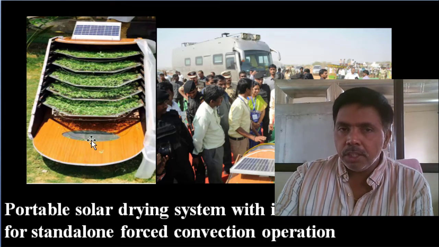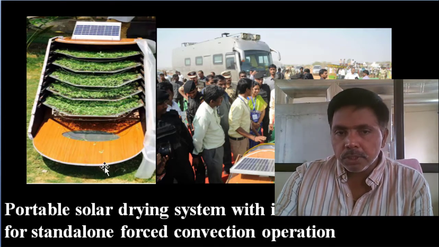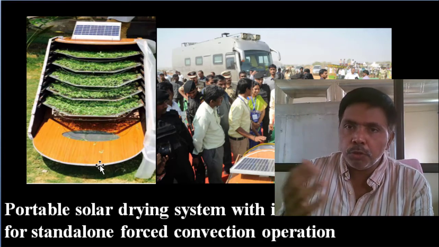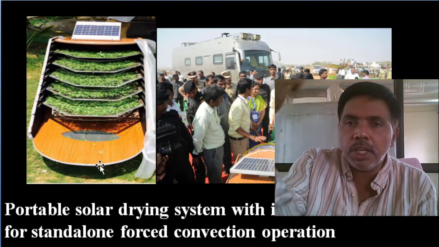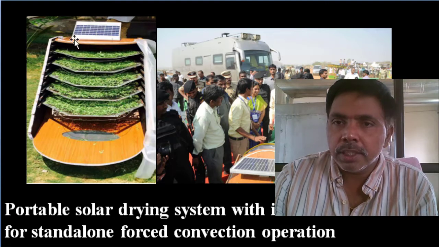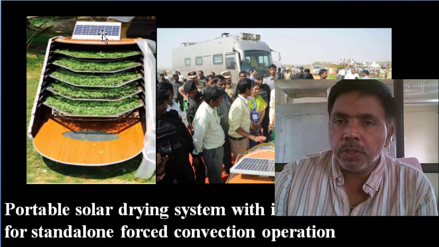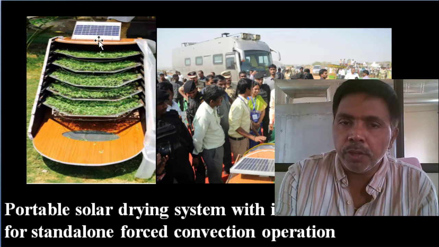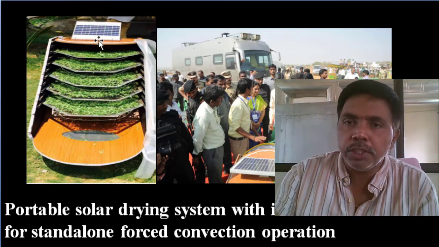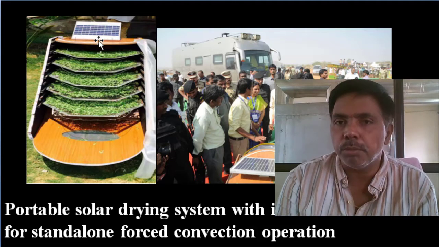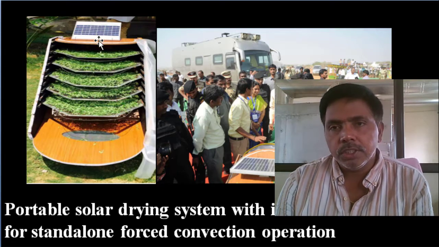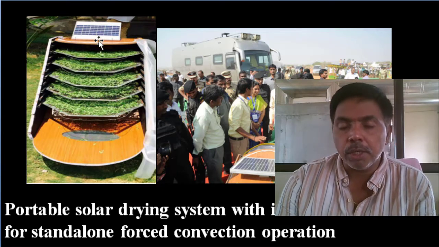Then heating of the dryer cabin will take place. For air movement, once the air has absorbed moisture, we want to replace it with fresh air. So we use solar PV panels, and with that PV output we can run a BLDC fan. Every time, the air is replaced with a fresh charge and circulates inside the chamber. Based on the relative humidity, we can change the air velocity. This one is the dry area application we developed.